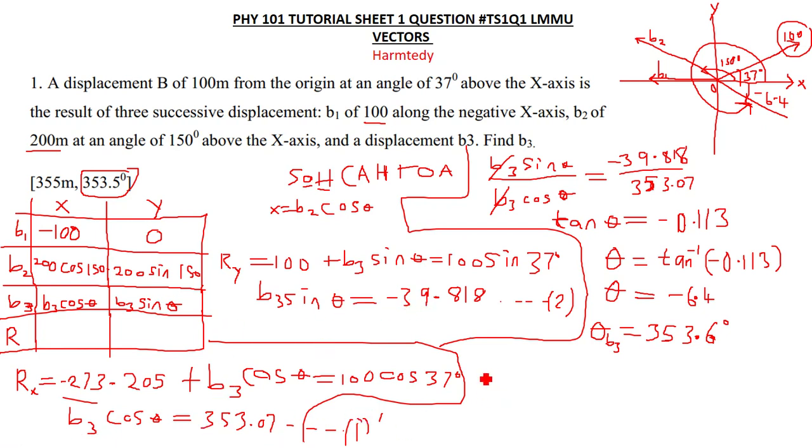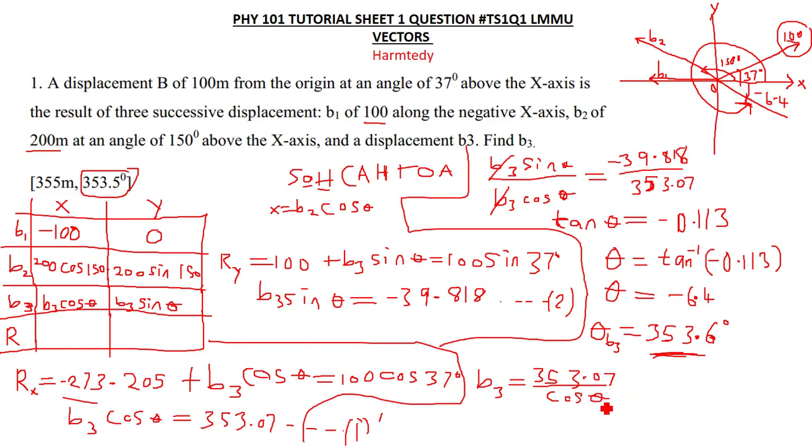So we're going to get this one. To find B3, when you make B3 the subject of the formula, it's the same as 353.07 divided by cos theta, and we already have our theta here. Our theta is just this angle here.